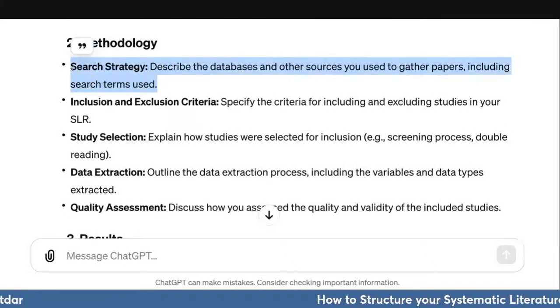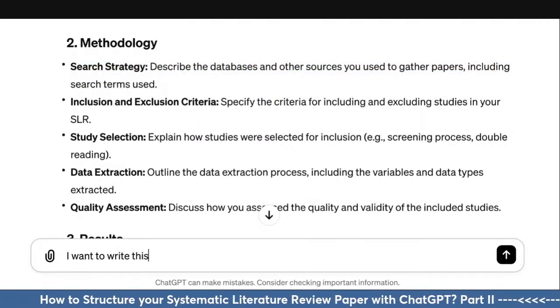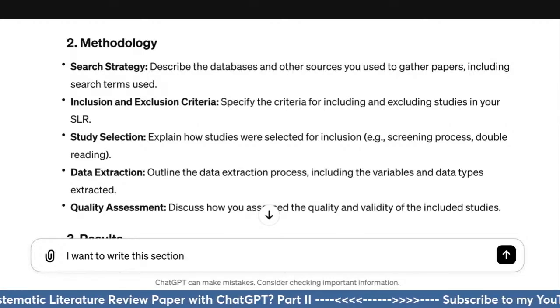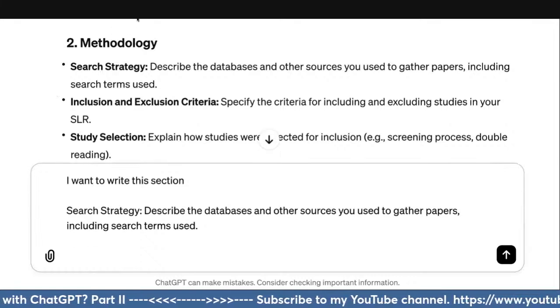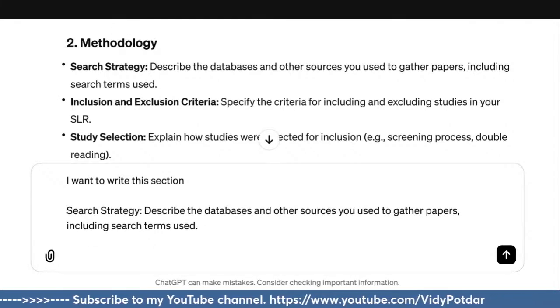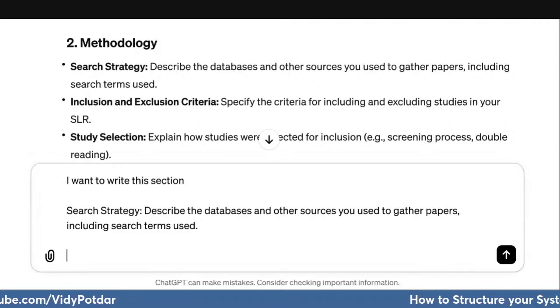I want to write this section, so we'll copy this and put it here.